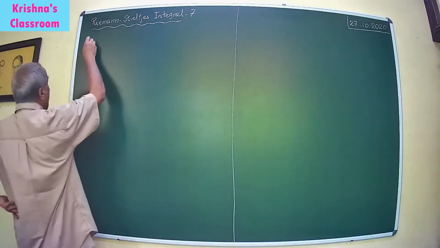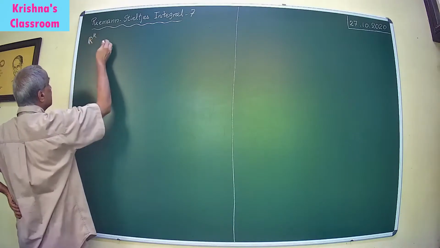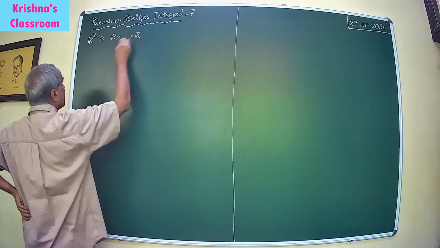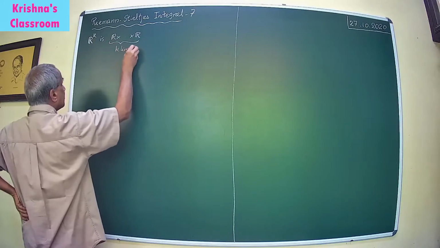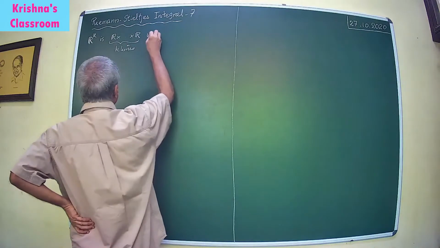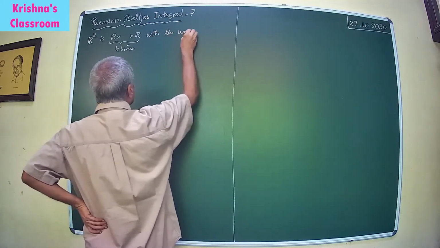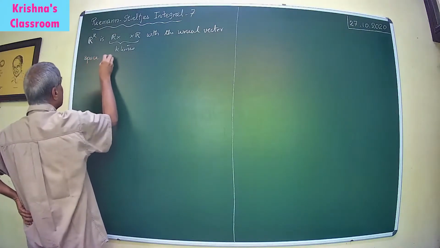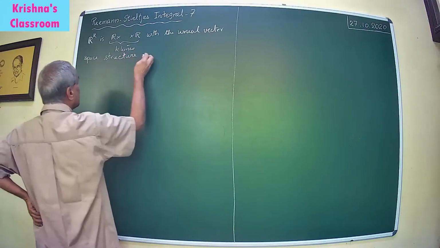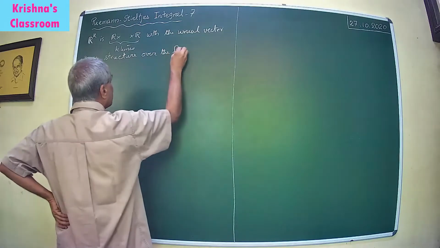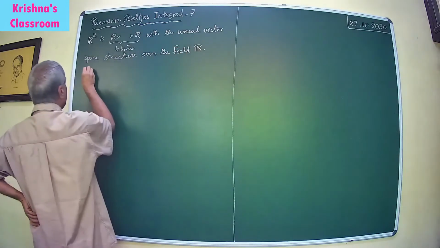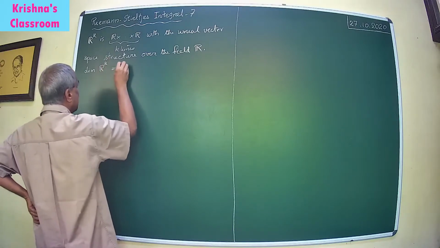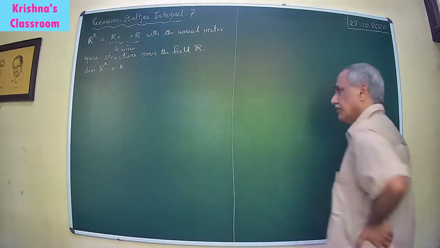So we take Rk, which is R cross R cross ... cross R, with the usual vector space structure over the field R. Now the dimension of Rk is k. This is something very basic about it.